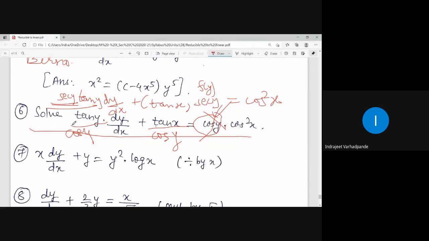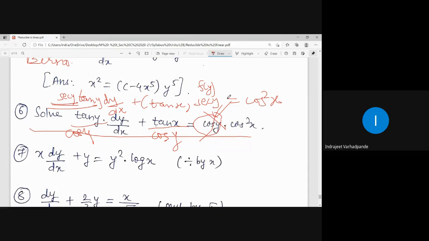So here y is not simply linear, and x is never linear. Instead of them it is a function of y: tan y, log y, sec y, e to the power y, cot y, cosec y, etc. Okay. Bernoulli contains some power of y. Here it contains a function of y.